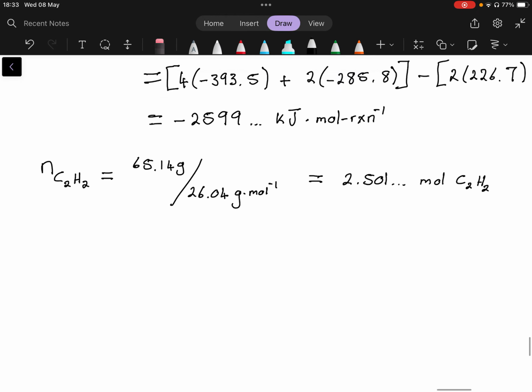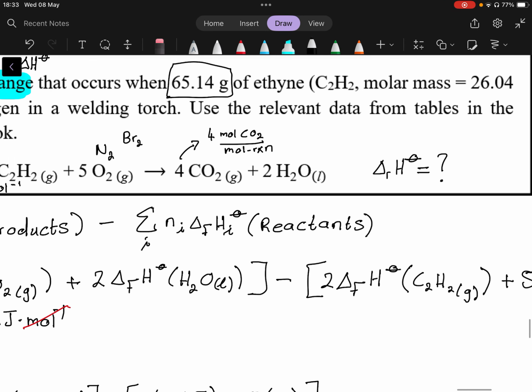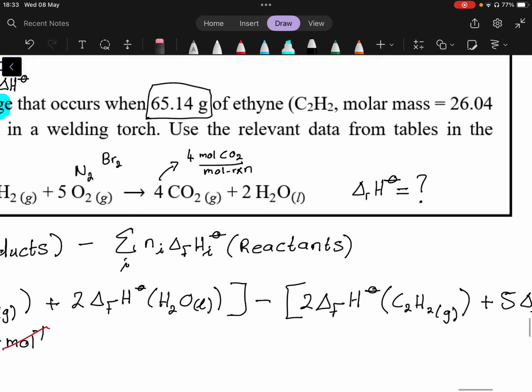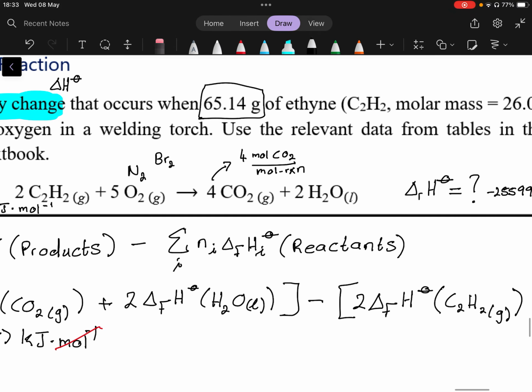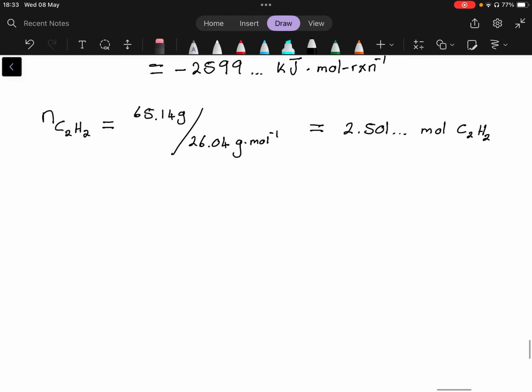You can say that this reaction tells us that delta RH is equal to minus 2599 kilojoule per mole reaction. And we know how stoichiometric coefficients work, so it's going to be so many mole reaction for every 2 mole of that thing. Or you can write that as a cross multiplication.